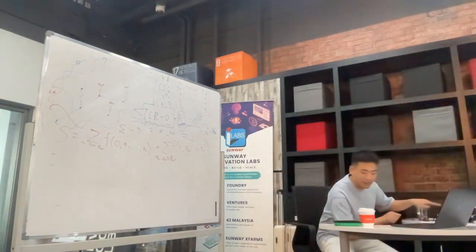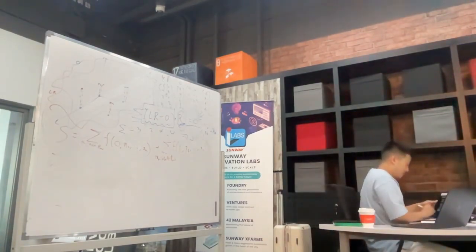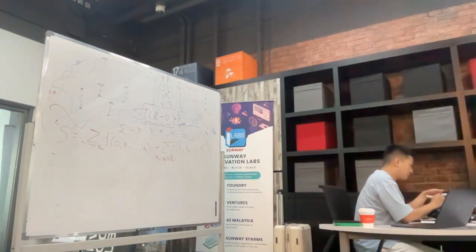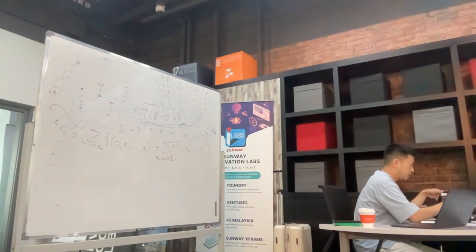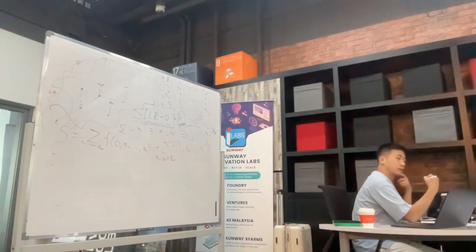Let me write the equation. The total sum is the sigma over x1, x2, to xn in the n-dimensional Boolean hypercube. This is the grand sum.